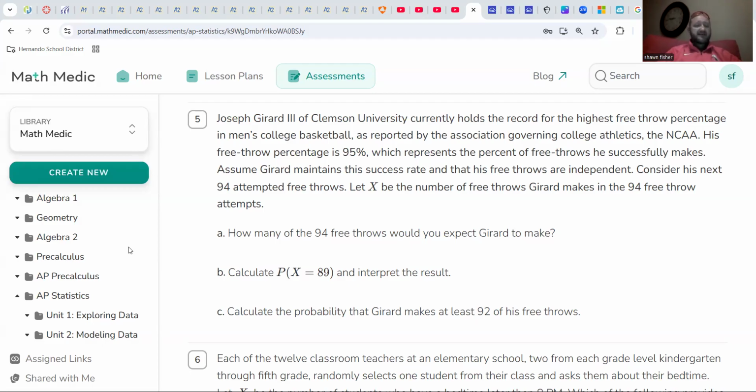The probability that happens is 17.9. Hopefully that's right. I'm going to check that one real quick. The probability of 89 out of 94.